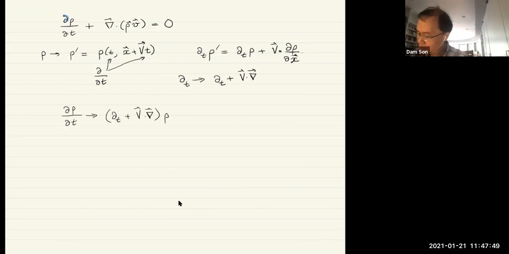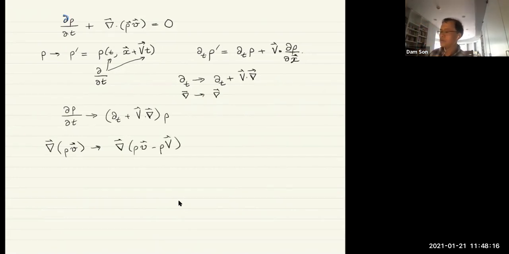Okay, so now the second term, gradient of rho times v. When I take gradients, it's a spatial derivative. We can look at this and see that the spatial derivative doesn't change under a Galilean boost, so I don't have to worry about this gradient. The only thing that changes is the velocity. Velocity is shifted by minus v. So it's the divergence of rho v, but the divergence of rho times v is constant.